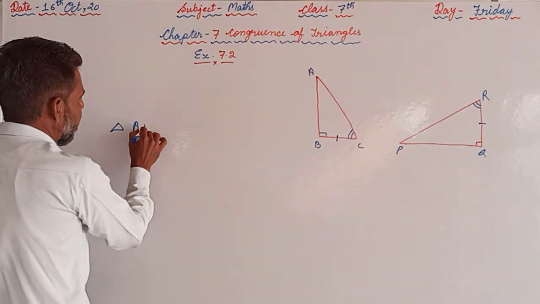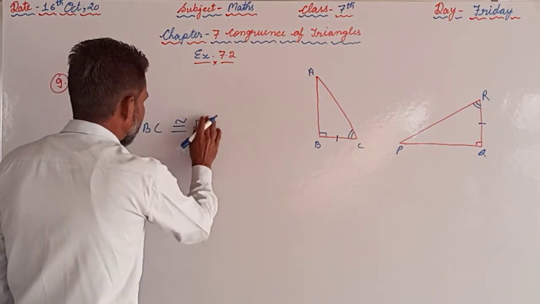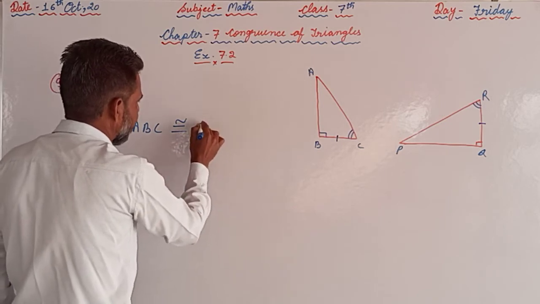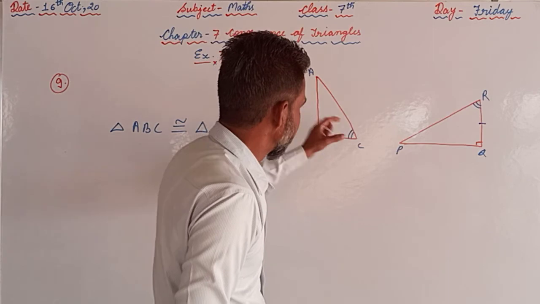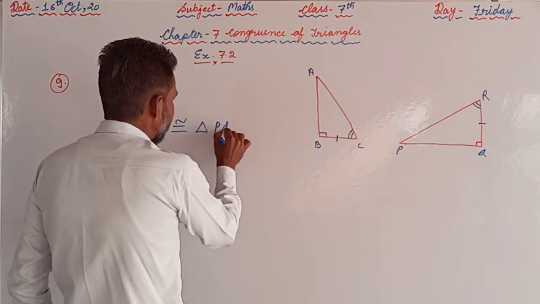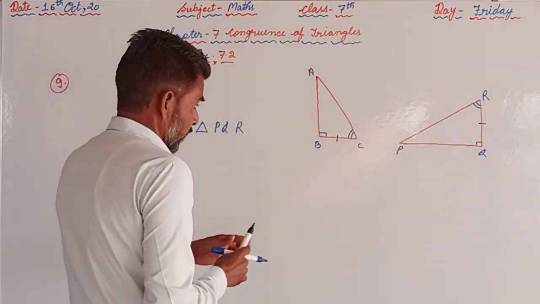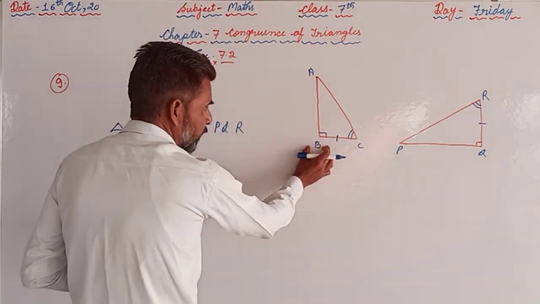So triangle ABC will be congruent to triangle PQR, and AB will be equal to PQ. Now we are supposed to verify from the diagram. Angle B is 90 degrees here.